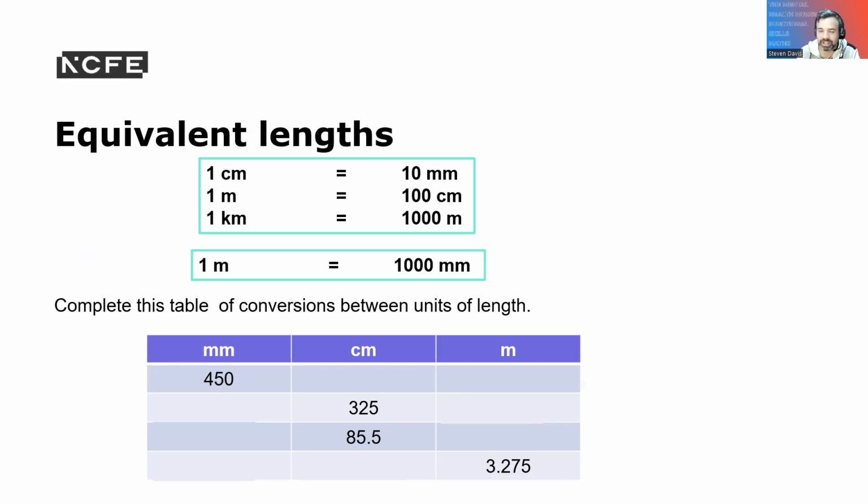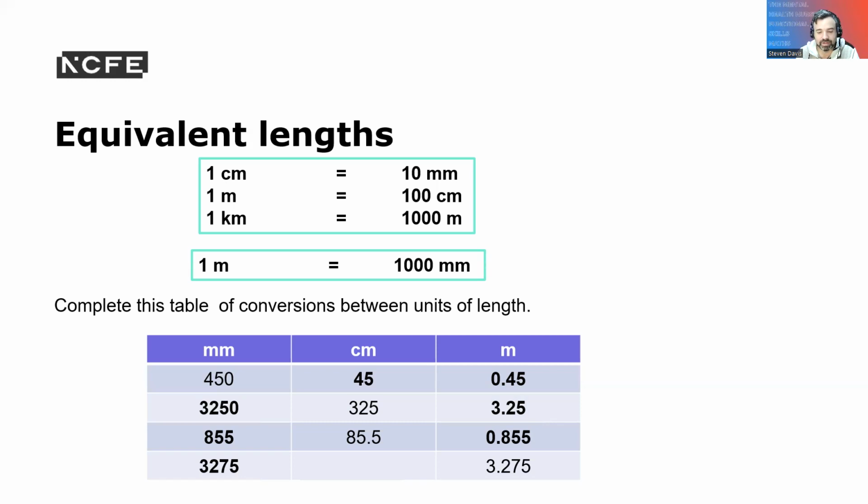So if we look at completing the conversion table below, you can see millimeters: 450 millimeters is 45 centimeters is 0.45 meters. 325 millimeters is 32.5 centimeters, so it's 0.325 meters. 855 millimeters is 85.5 centimeters, so that's 0.855 meters.